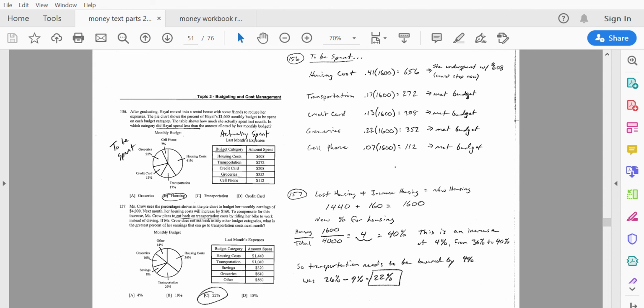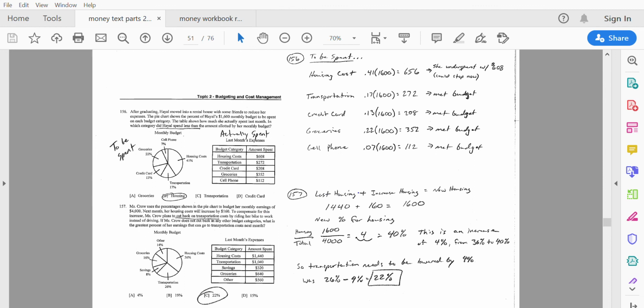Okay, so she's still making $4,000. So what I did was figured out what the percent is that she would now be spending on housing. So instead of 1,440 out of 4,000, it's going to be 1,600 is what she's going to spend. The total is still 4,000.